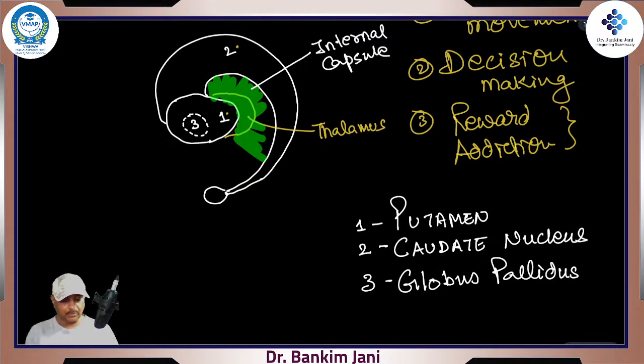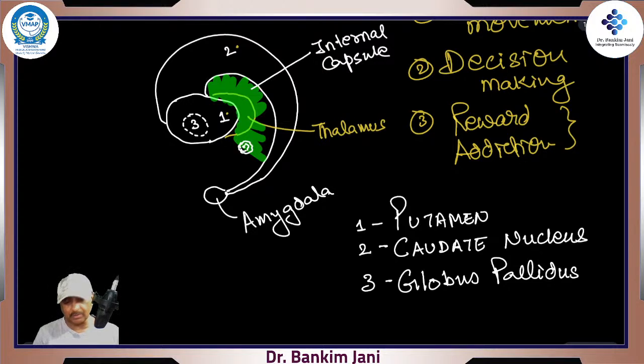No doubt there are others, for example the amygdala. All are awesome topics, right? Because then there is one more nucleus present just over here, which is also a part of basal ganglia. This is called the subthalamic nucleus.